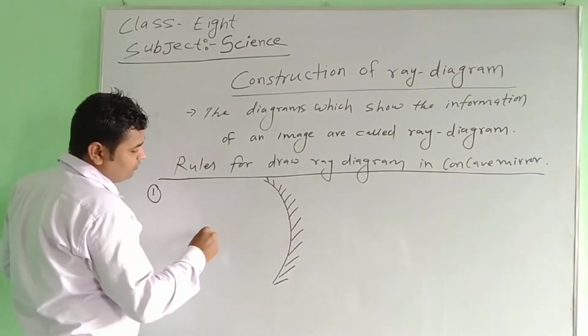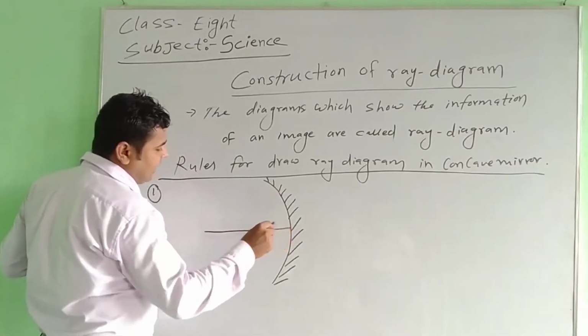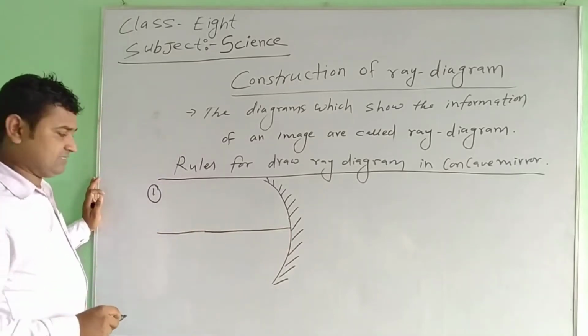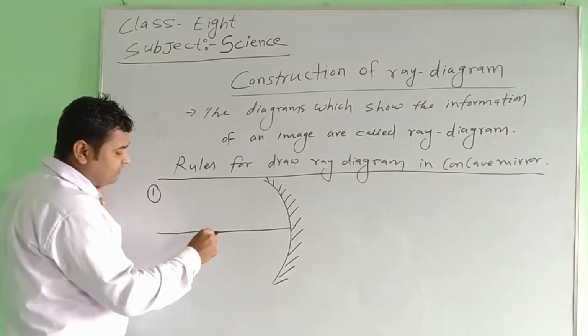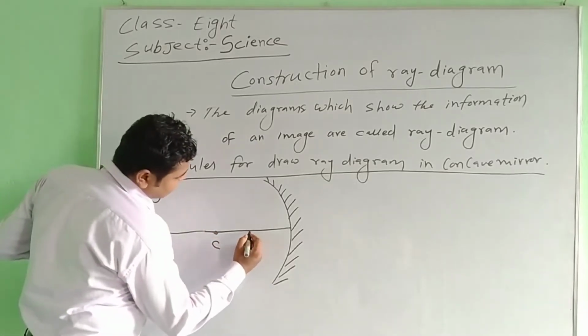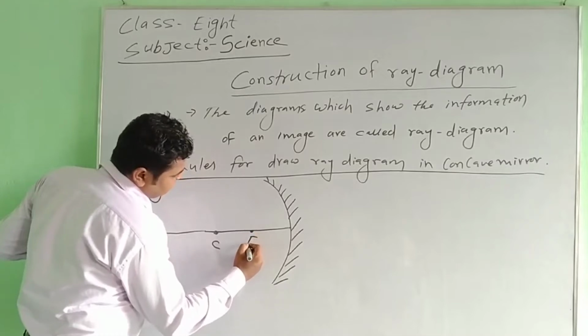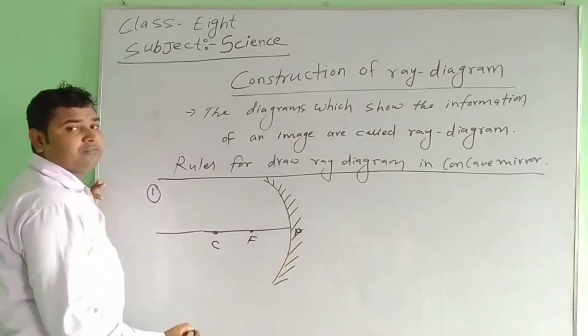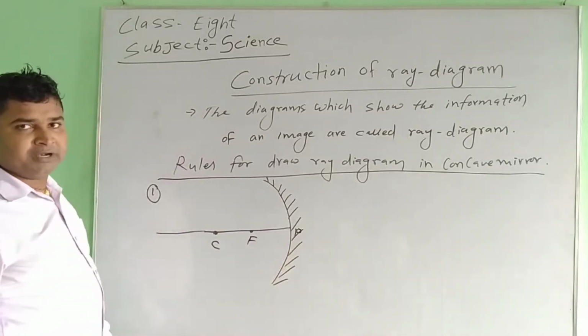Here is the principal axis, and this is the center of curvature. This is the focus, and this point is the pole of the mirror.